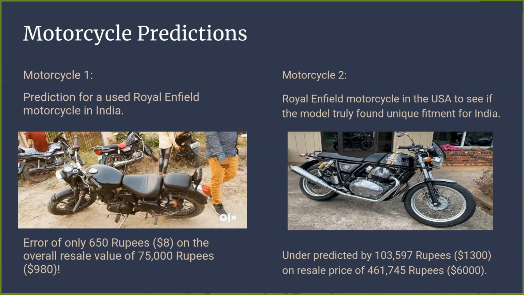So very good performance. For the second motorcycle, we predicted another Royal Enfield, but this time in the USA. And we underpredicted by about $1,300 for this true resale price of $6,000. So clearly it seems the model has learned something for India.